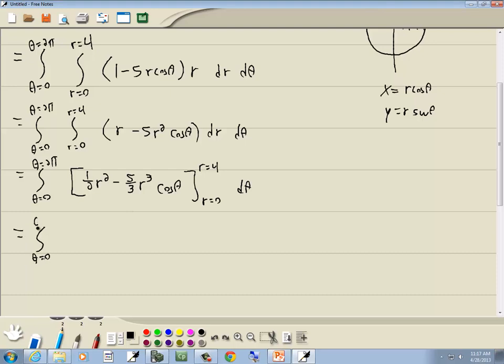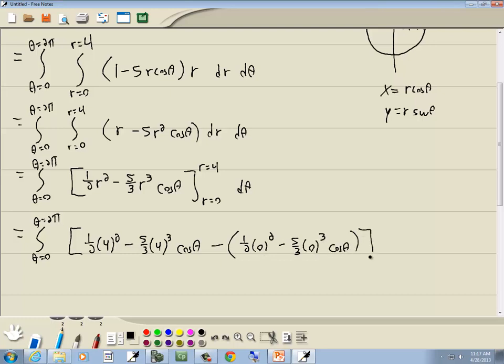And theta is equal to 0 to theta is equal to 2 pi, and we'll plug in r is equal to 4, so we'll put that in for r. So we've got 1/2 times 4 squared minus 5/3 times 4 to the third cosine theta, minus, and then we'll put 0 in for r. So we got 1/2 times 0 squared minus 5/3 times 0 to the third cosine theta, d theta.